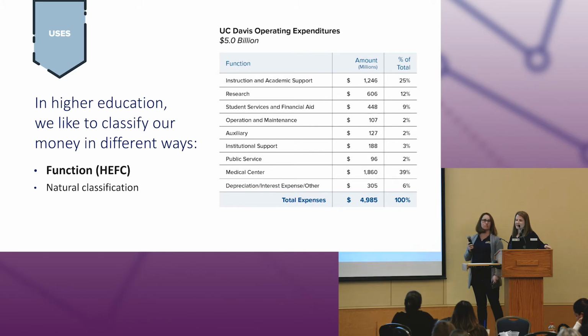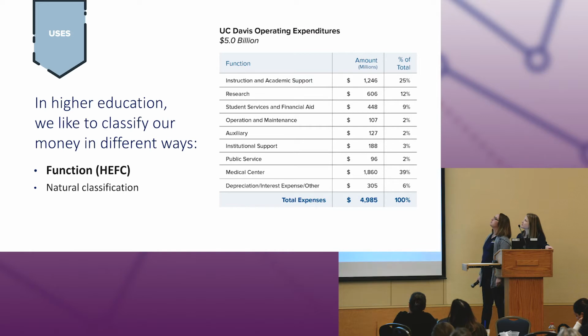For financial reporting, we talked a little bit yesterday about, so these are our uses, right? We noticed that there's two different ways we classify our expenditures, and one of them is the higher education function code. Like Jim talked about as well, these are the higher education function classifications, and this is UC Davis. So we're about $5 billion in operating expenditures.